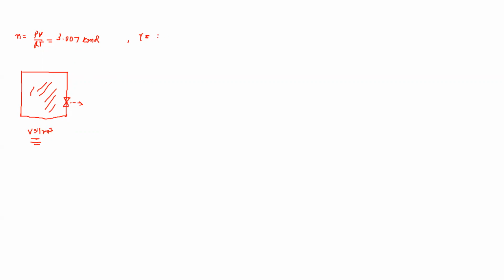So gamma is 1.4, which is actually Cp by Cv, right? And we know that Cp minus Cv is equal to R, right? So from here, we can write gamma, which is Cp by Cv, as Cv plus R by Cv, right?